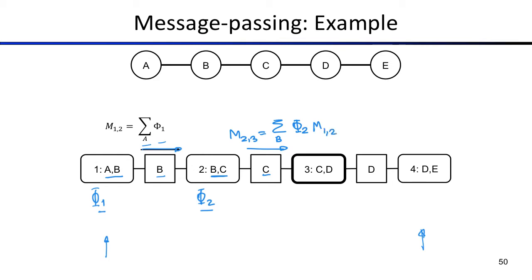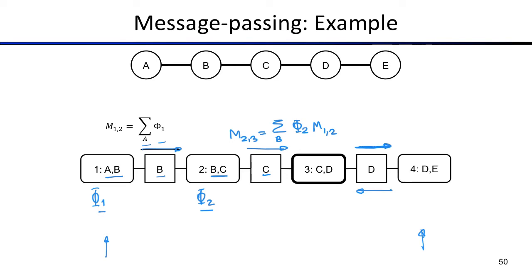If you are using the root, we first send the messages towards the root, and later the messages away from the root. So in this case, we will not send this message yet, and we wait for this message to arrive first, because this message is going away from the root.